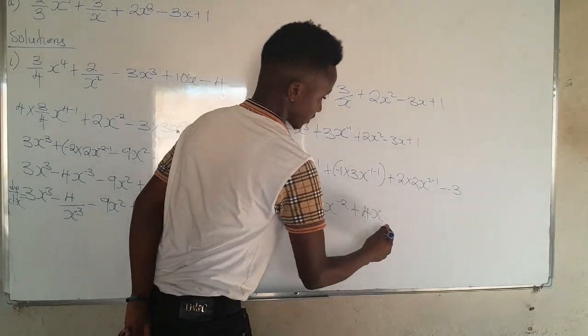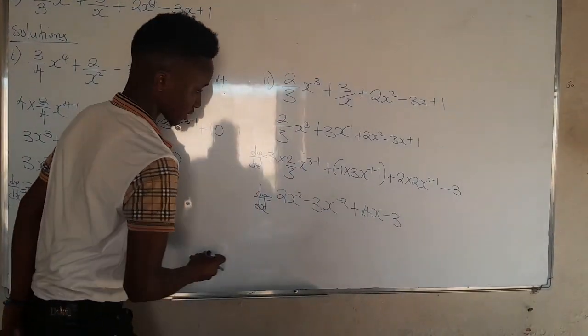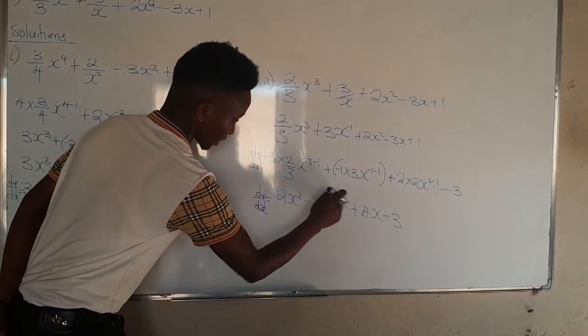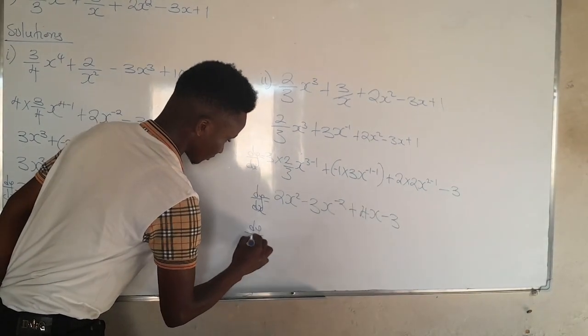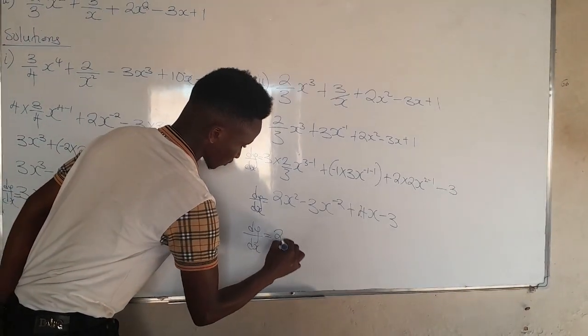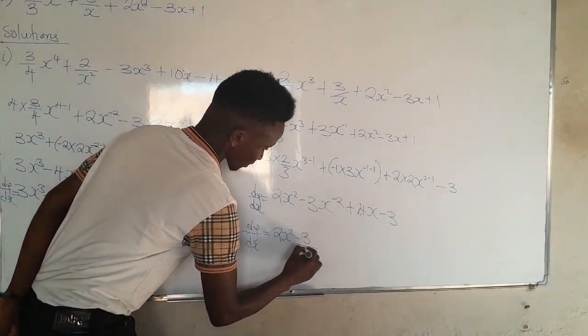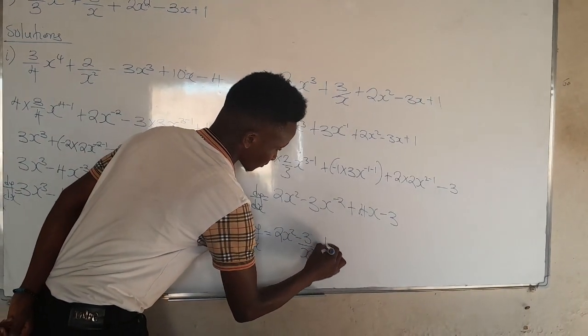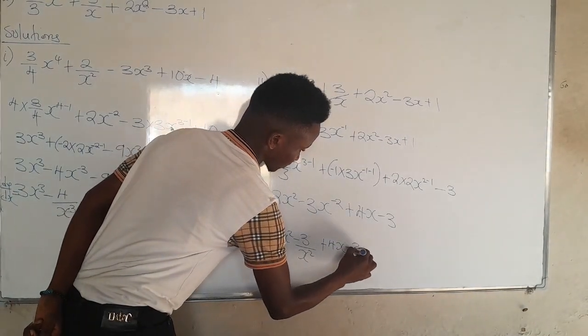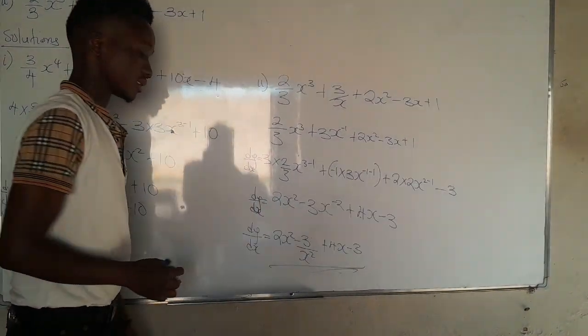Of course, we don't indicate the 1, and we say minus 3. Then we can't leave this one with a negative power, so we change it. So dy dx will be equal to 2x squared minus 3 over x to the power 2 plus 4x minus 3. And that's how we differentiate.